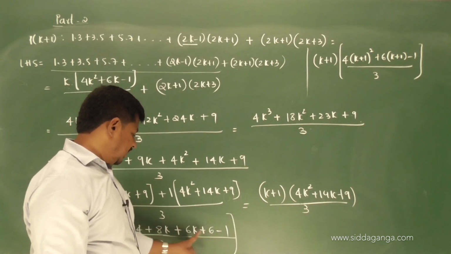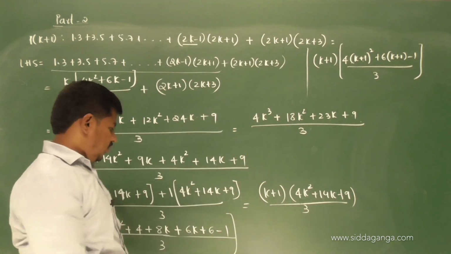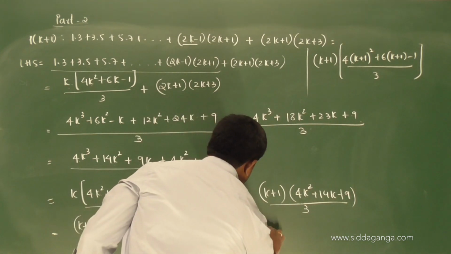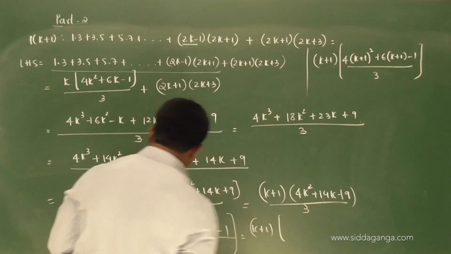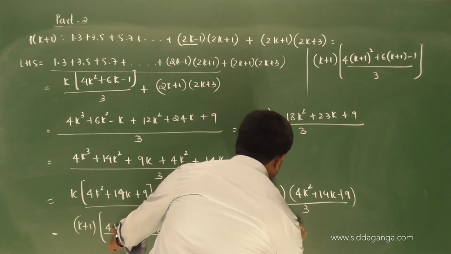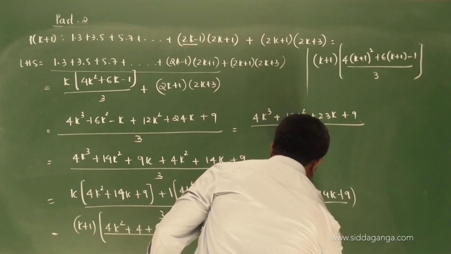Because if you take 6 outside from these two terms, you get 6 into k plus 1 minus 1 last. So you get k plus 1 into, yes, here when you take 4 outside from these 3 terms, 4 into k square plus 1 plus 2k.